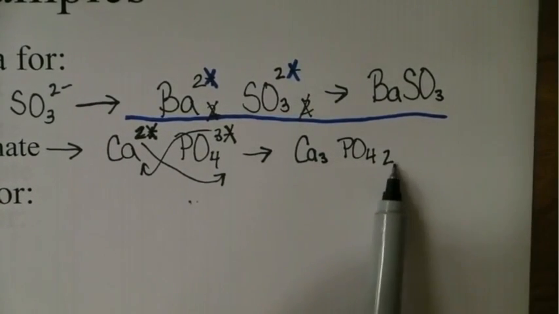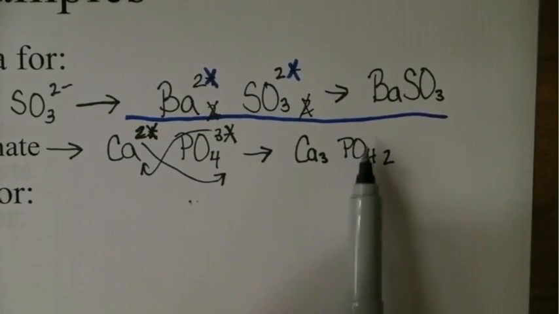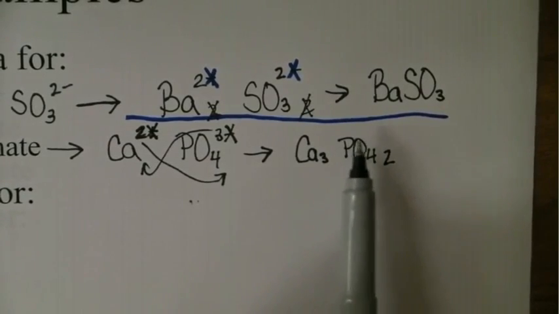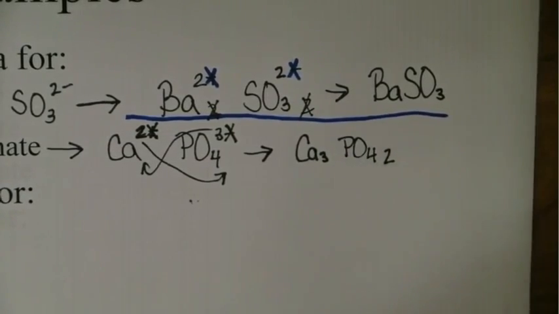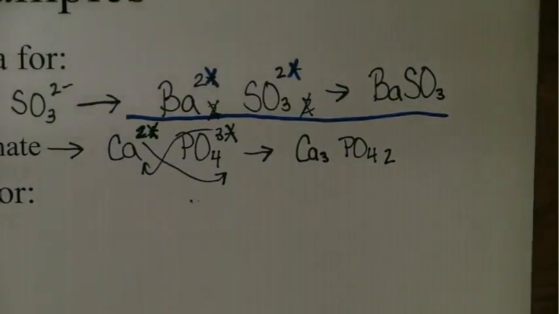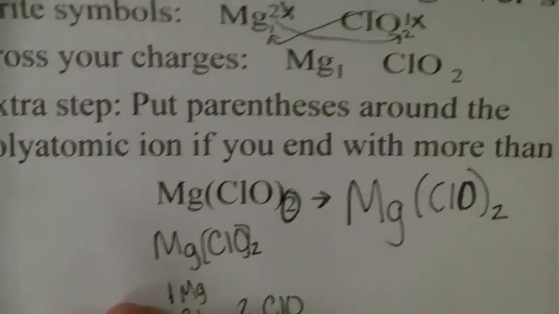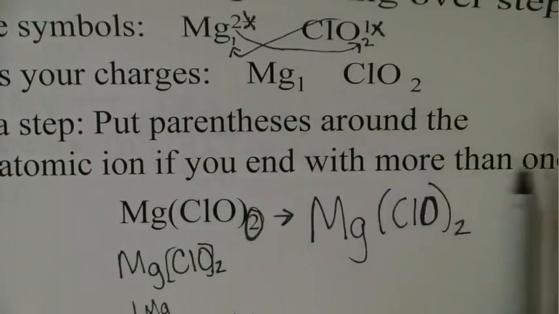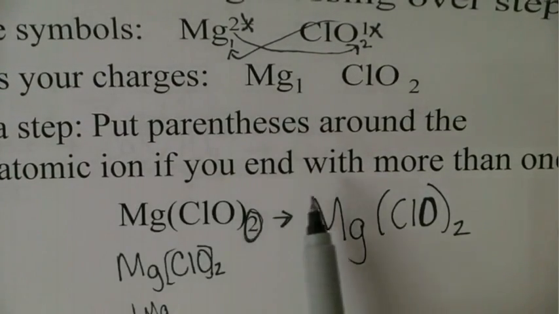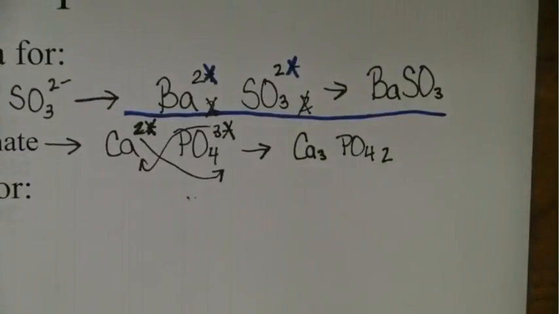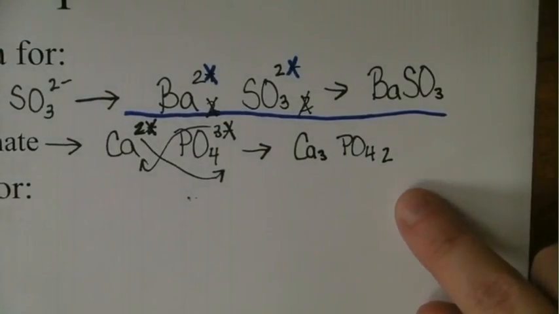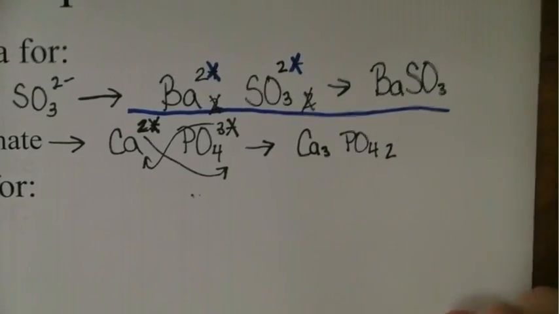Remember, we need this 2 to apply to the entire phosphate ion. It has to apply to the whole thing. So if you go back to your steps, that extra step at the bottom says put parentheses around the polyatomic ion if you end with more than 1. Well, look at this. We've ended with 2 phosphate ions.